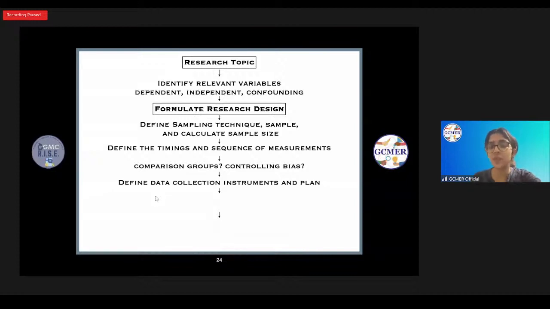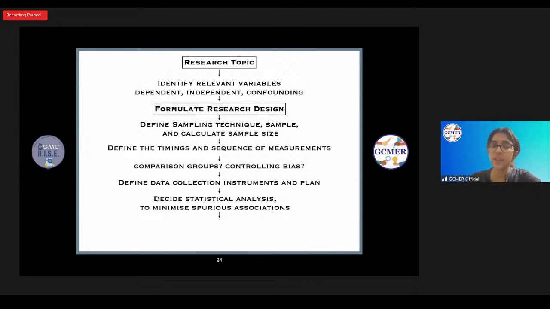Then you have to define the data collection instruments and plan, which is quite self-explanatory. And then you have to decide the statistical analysis to minimize spurious associations. Don't get scared of these words. What this basically means is that you have to make sure that the conclusion that you're coming to is because of the factors that you say are contributing to the result.